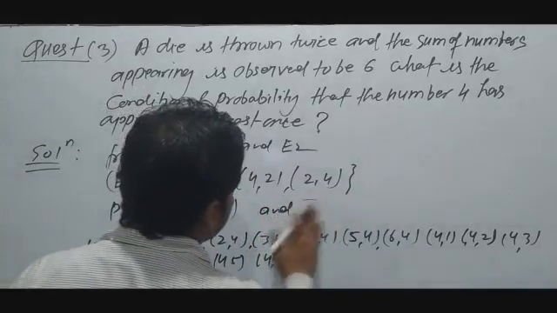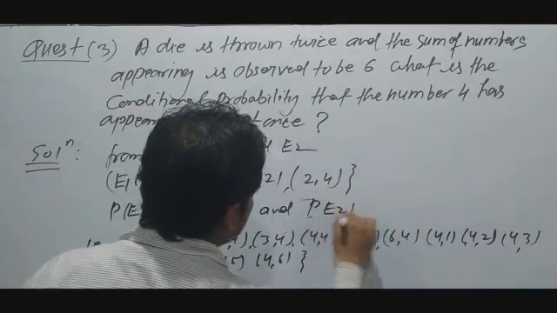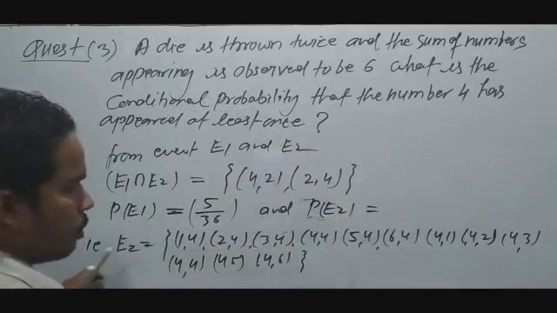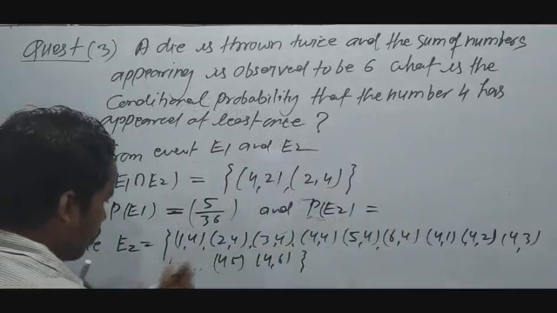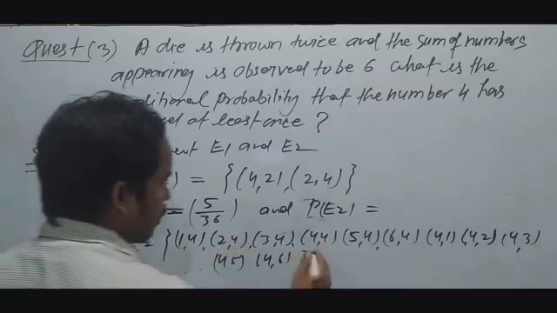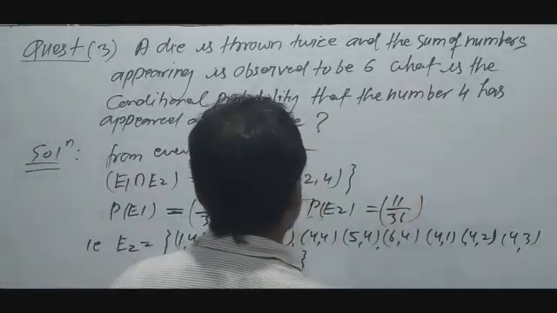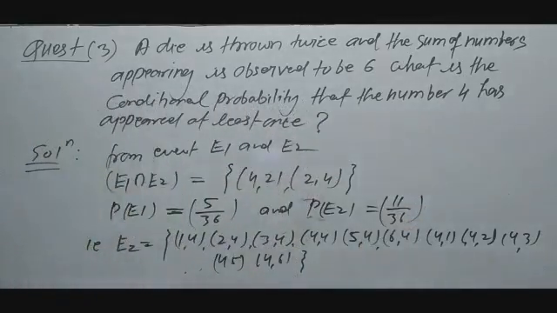And probability of E2: there are 12 events, no, this will be 11 events, as (4,4) is repeating, so this will be 11 by 36 is the probability of event E2.